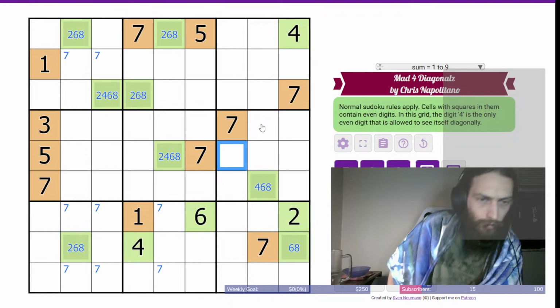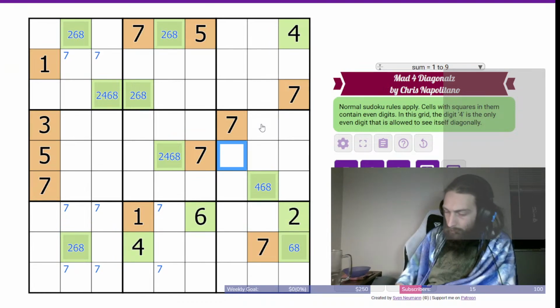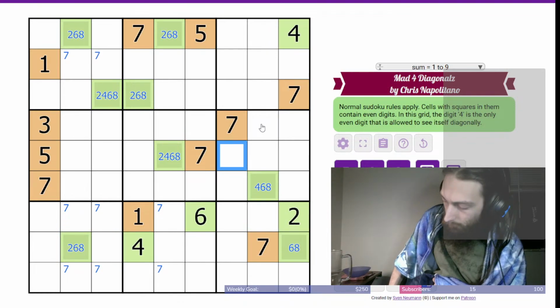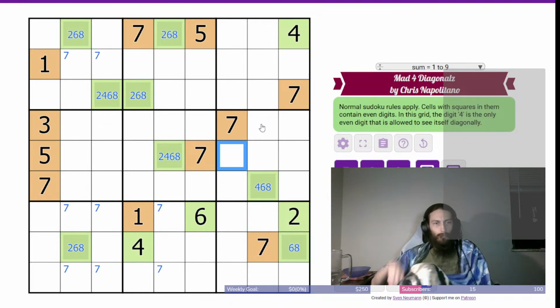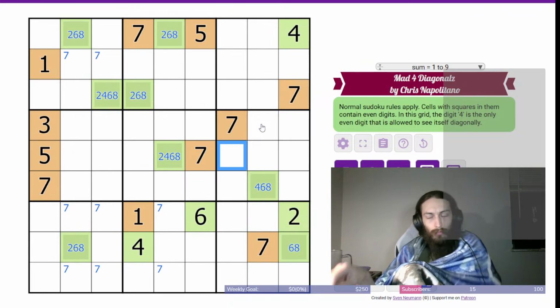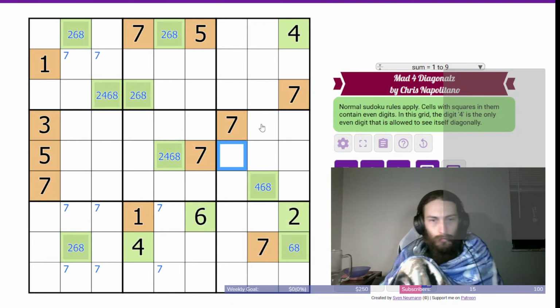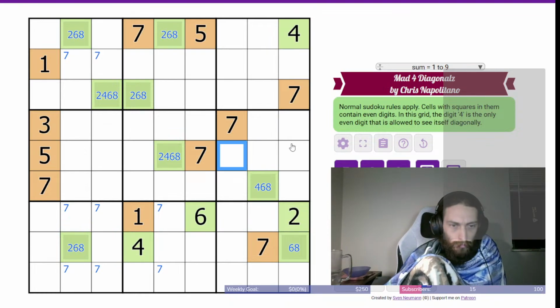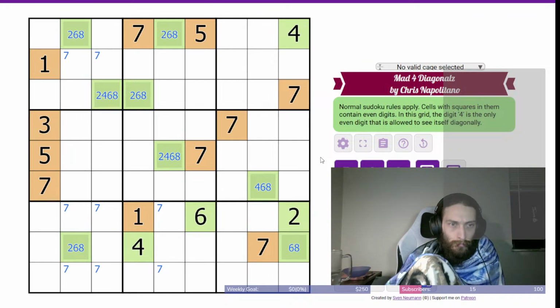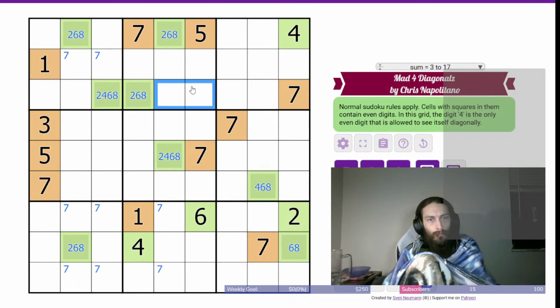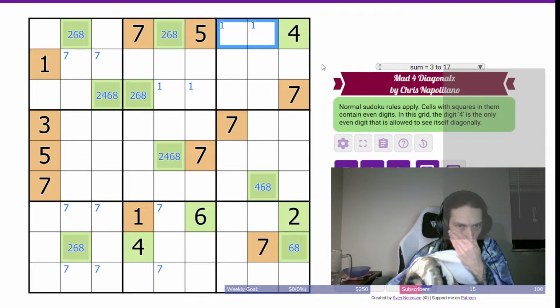I'm not sure where else to look here, honestly. Well, the 1 in box 2 is going to have to go on the bottom. So it's going to be on the top in box 3.